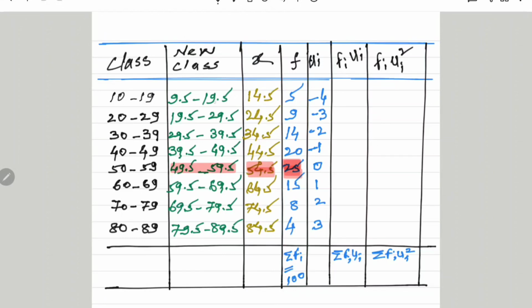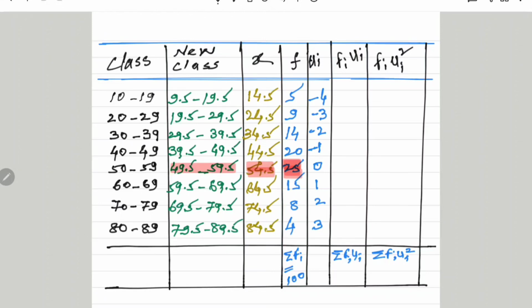Therefore this is the new class instead of 10 to 19. Then next is 19.5 to 29.5, 29.5 to 39.5, 39.5 to 49.5, 49.5 to 59.5, 59.5 to 69.5, 69.5 to 79.5 and 79.5 to 89.5.